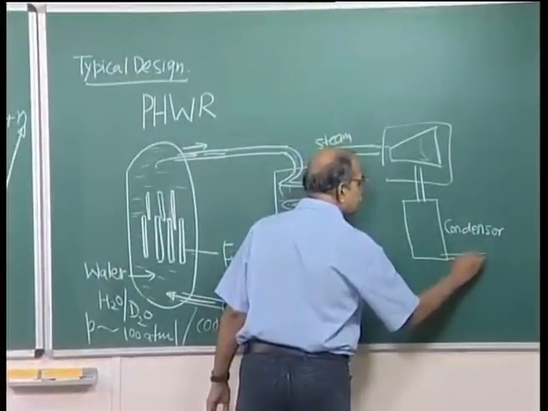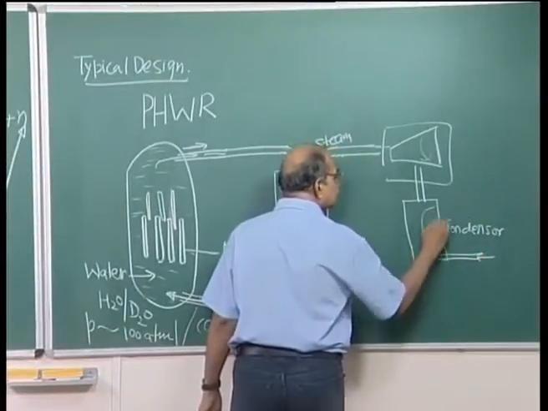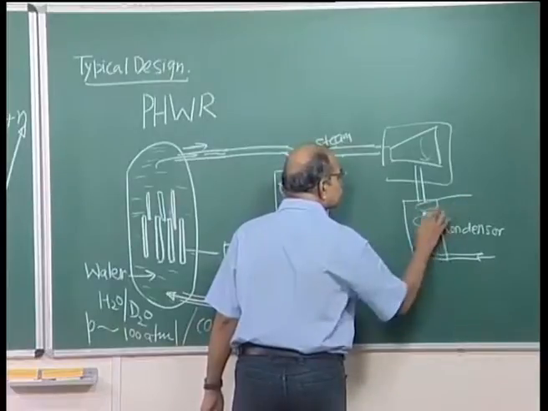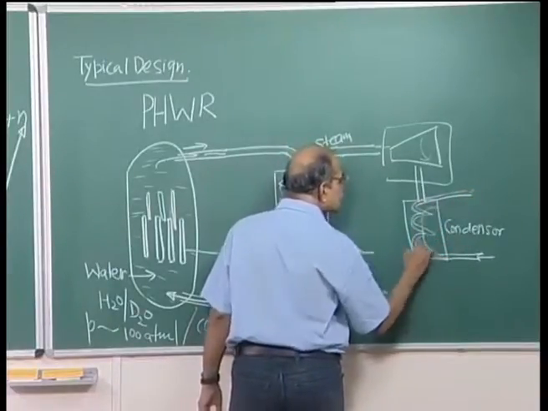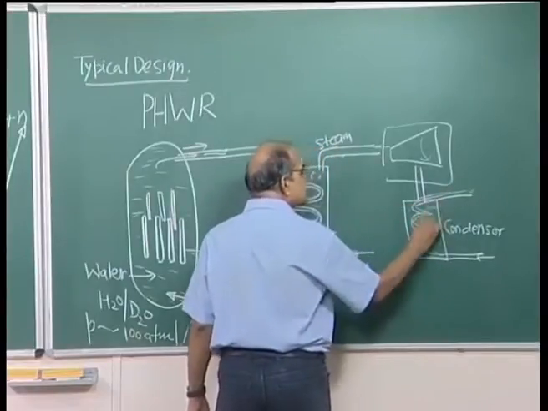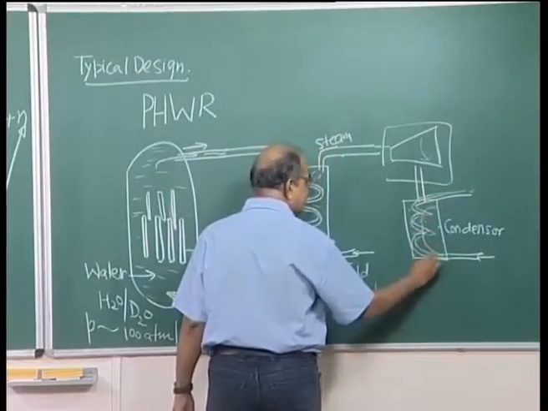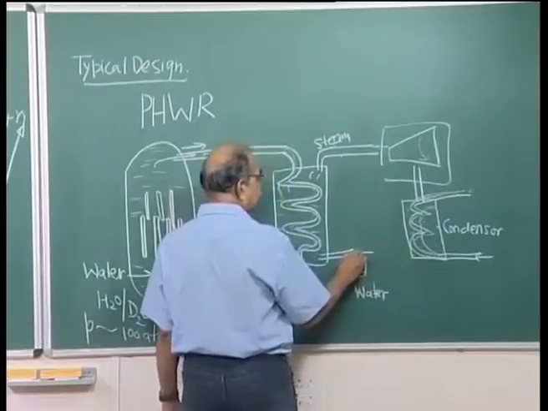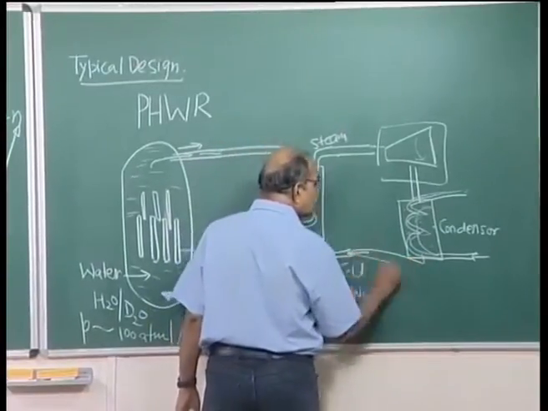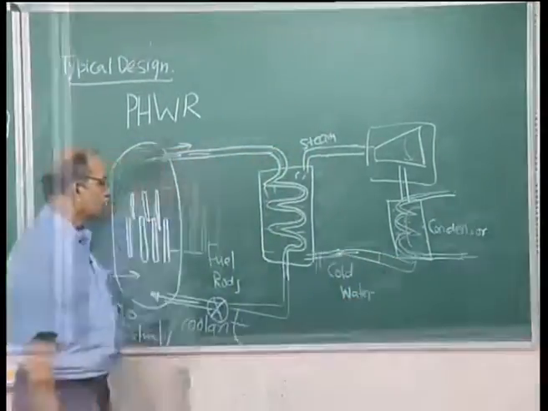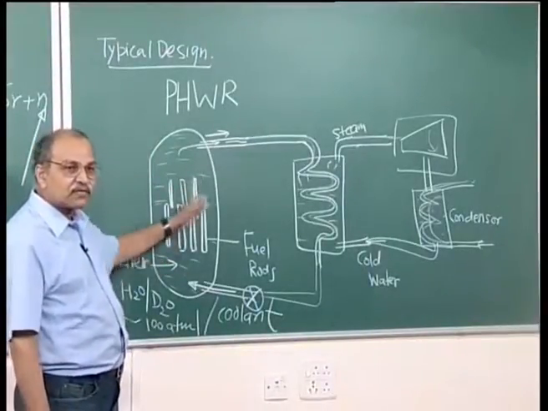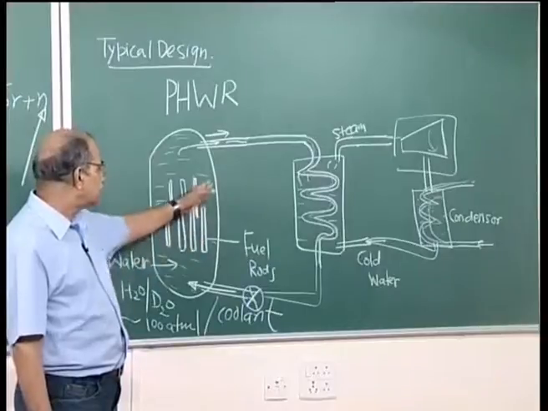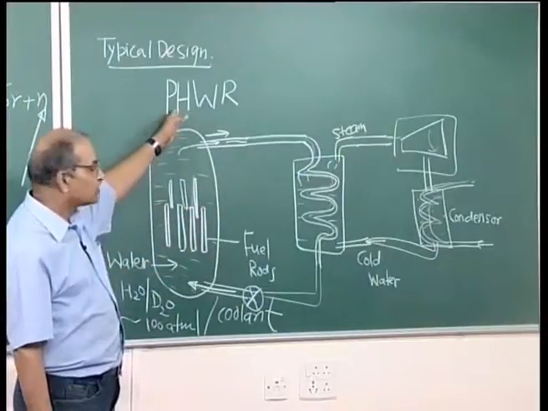So, you send this cold thing here. So, this steam becomes water, condenses here, and then that cold water can go to this. So, the coolant and the moderator, both functions are done by this water or heavy water.